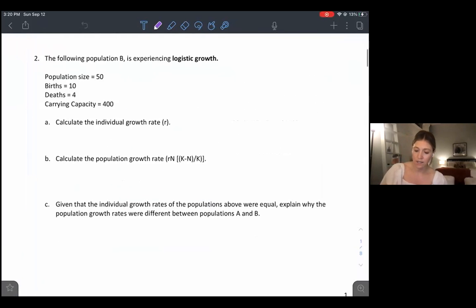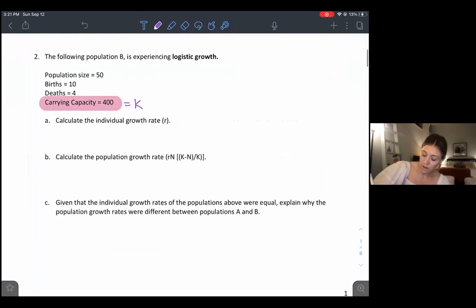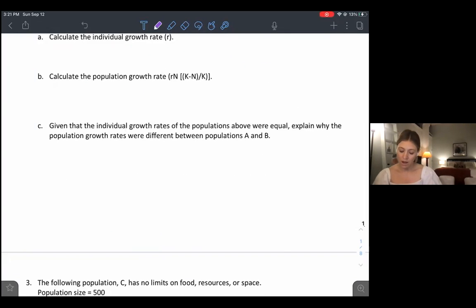Only thing that changes there is the addition of your carrying capacity, which again is going to be the K in your equation, okay? So remember, our change in our population size is going to be equal to RN times K minus N over K. So that's the only thing that's really changing in our population, okay?